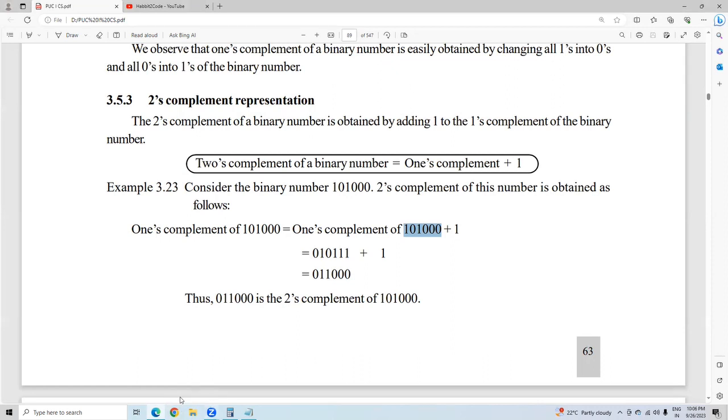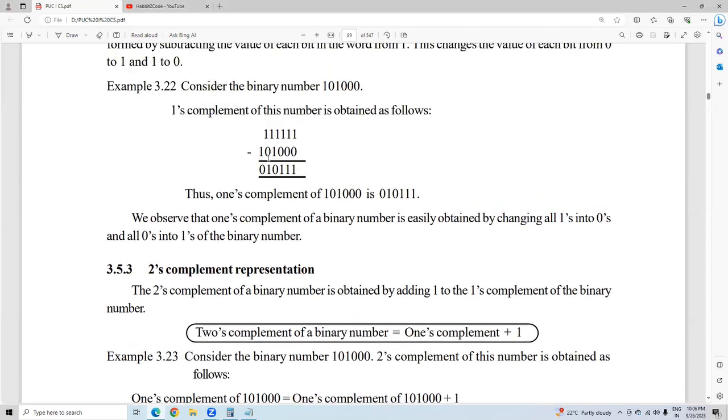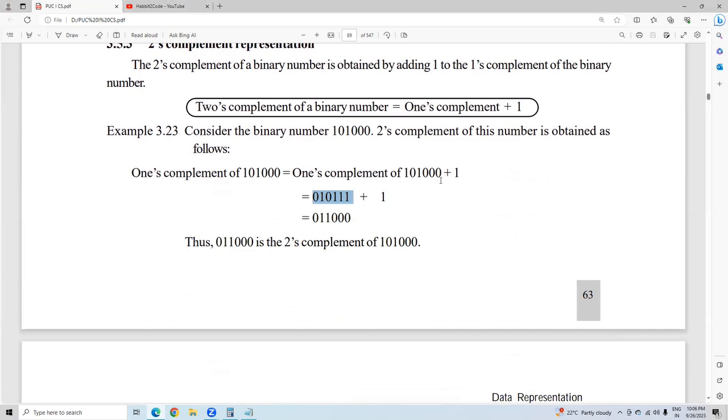The ones complement of 101000 is 010111, which we have calculated here. Plus 1 means it is going to be 011000. Hence 011000 is the twos complement of 101000.